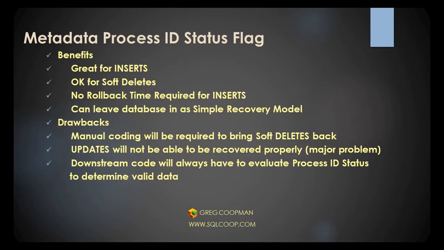Metadata process ID status flag. Let me first say that most companies I've ever worked at with ETL already have a process type table. And that process type table usually has something like a batch ID, a process ID. What it does is keep track of all the tasks or each piece of this ETL, so that you have a start time and an end time.